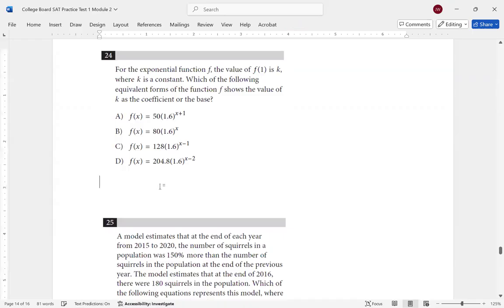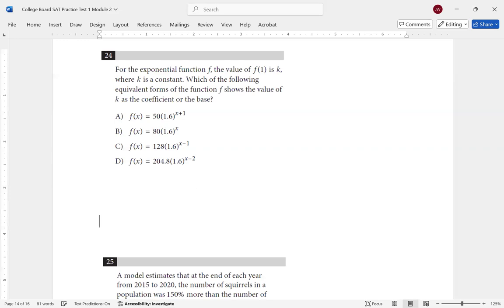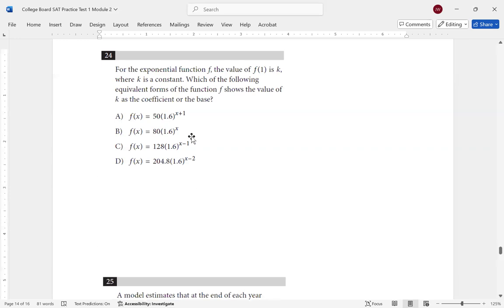Number 24 says, for the exponential function f, the value of f of 1 is k, where k is a constant number. Which of the following equivalent forms of the function f show the value of k as the coefficient or the base?